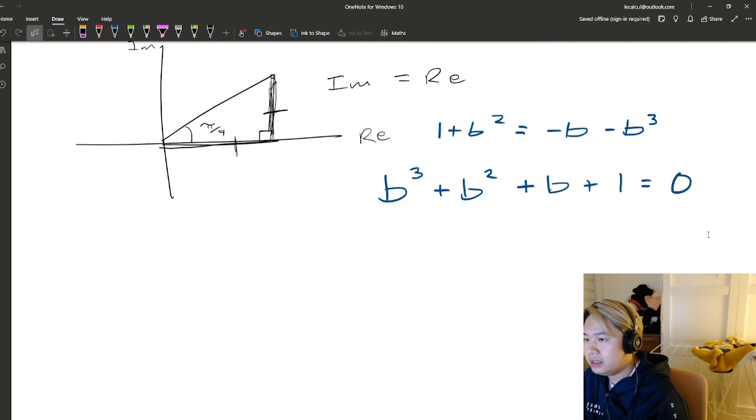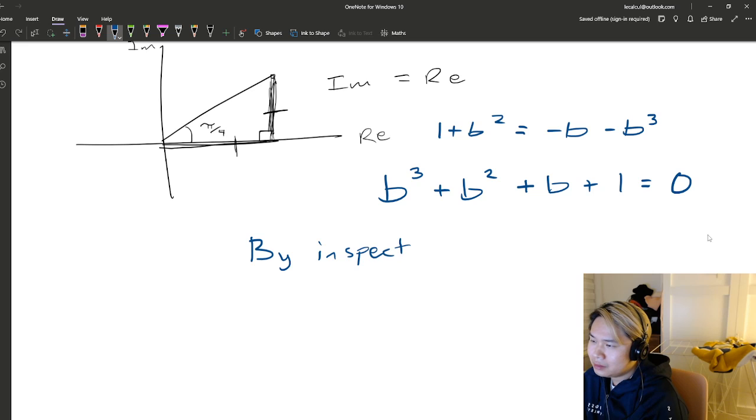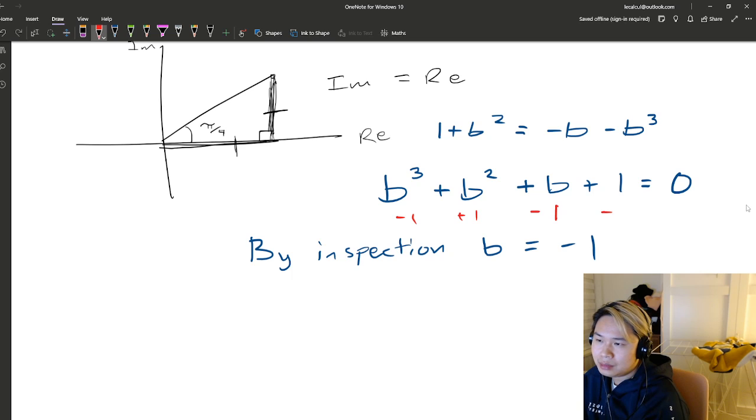Okay, and there's lots of ways to do this, but the easiest one is by inspection. b has to be negative 1, because then you'll have negative 1 cubed, which is negative 1, negative 1 squared, which is positive 1, and then you'll have b, which is negative 1, plus 1, so they'll cancel out. So there you go. There's b.